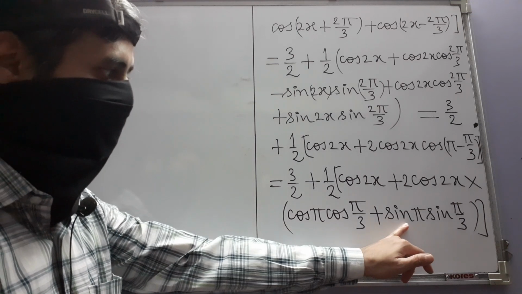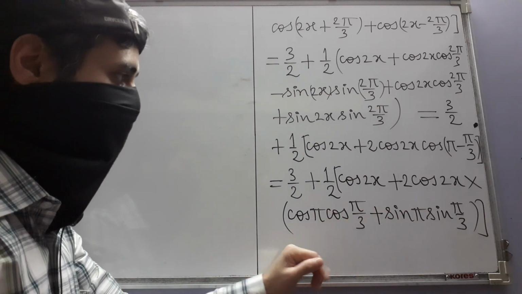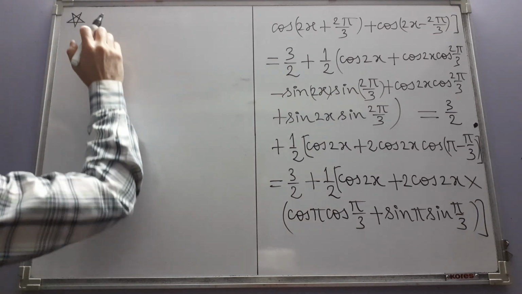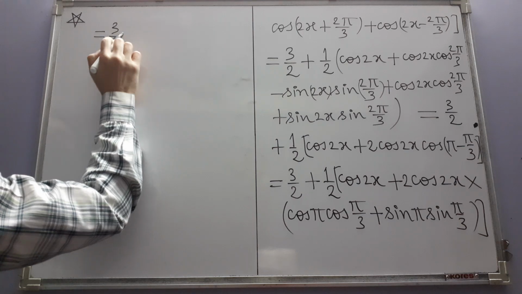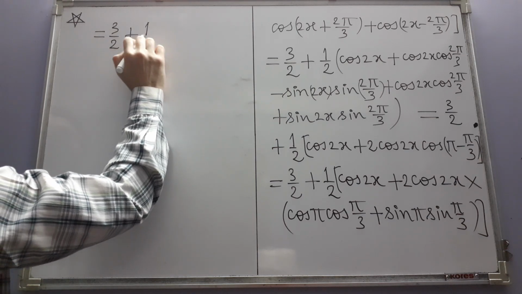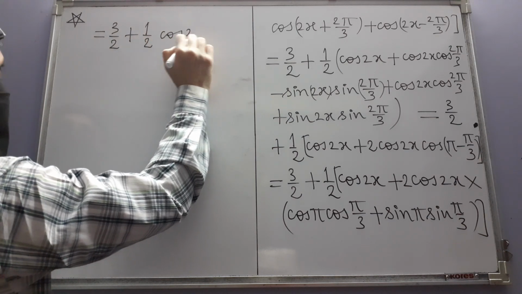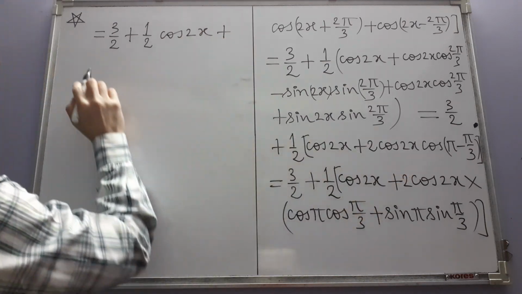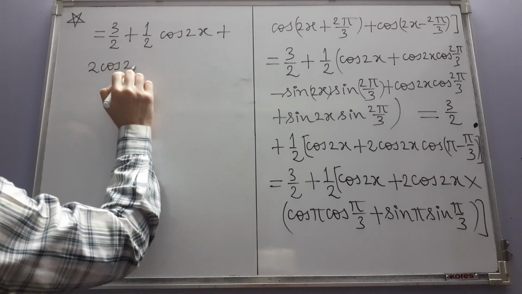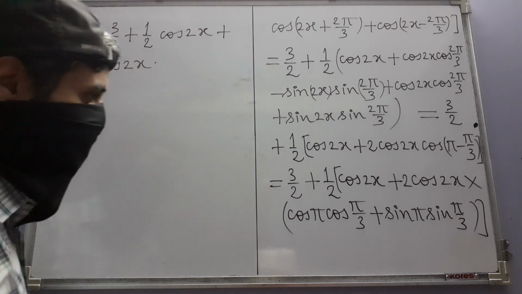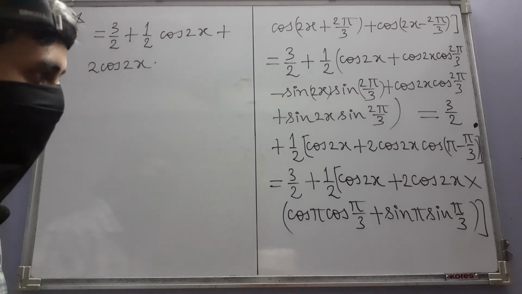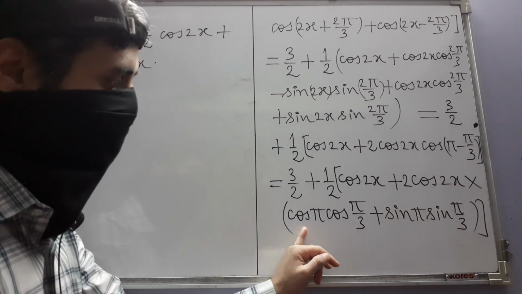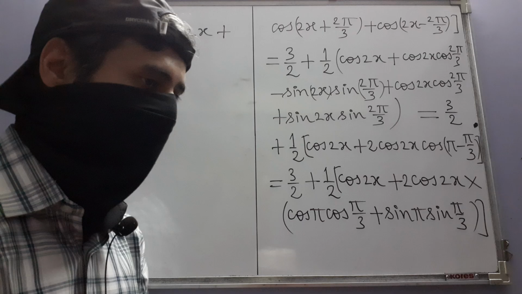Alright, so now sin pi is 0 and cos pi is minus 1. So that way we have 3 over 2 plus 1 over 2 times cos 2x plus, already we had 2 cos 2x, so let me write them first, times, and now what shall we have? This term vanishes because of sin pi. Here there is a minus 1 because of cos pi, and what is cos pi over 3?